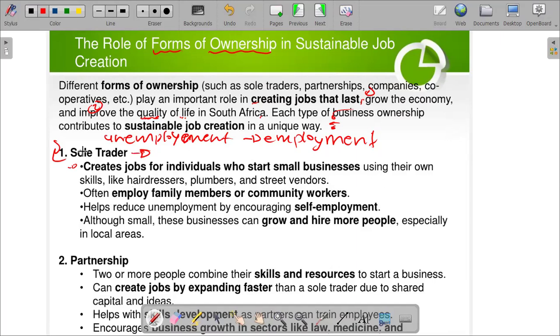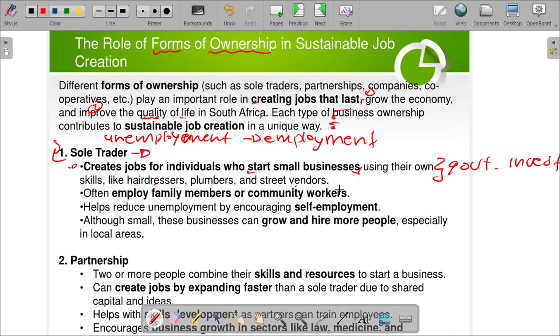What this basically means is that the government will invest by creating jobs for individuals who start small businesses. So who are these people who start small businesses? These are your hairdressers, your plumbers, your street vendors.